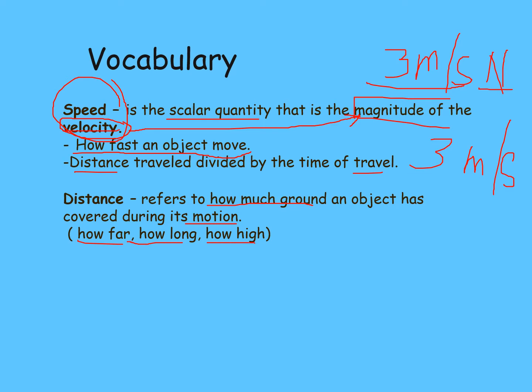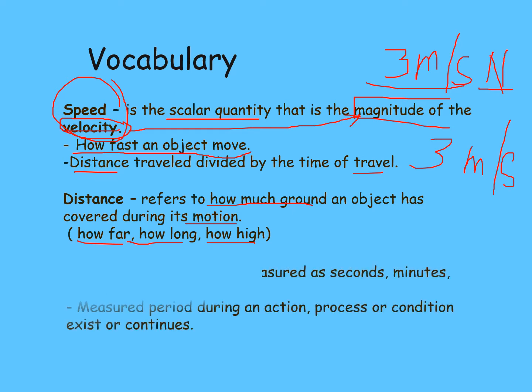These three words will help us determine the problem if we are solving a word problem. Next, we have time, the thing that is measured in seconds, minutes, and hours. Time is the measured period during which an action, process, or condition exists or continues. So that is time.